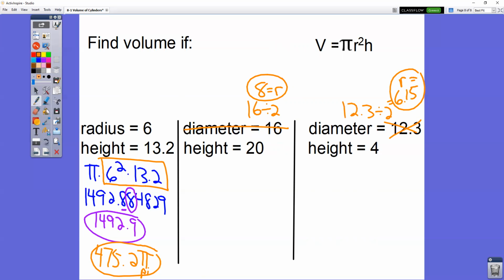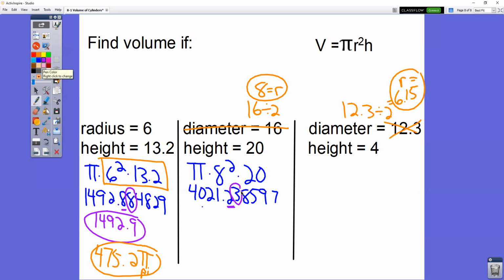If we were going to actually solve this middle one, we would have pi times 8 squared times 20. If we were rounding to the nearest tenth, type that whole thing into the calculator. You get 4,021.238597, which rounded to the nearest tenth, 2 is in the tenths place.